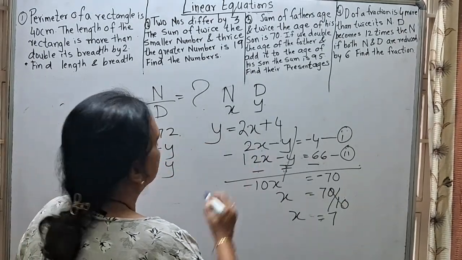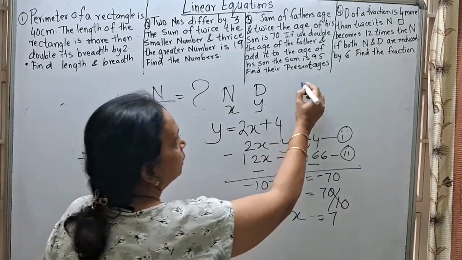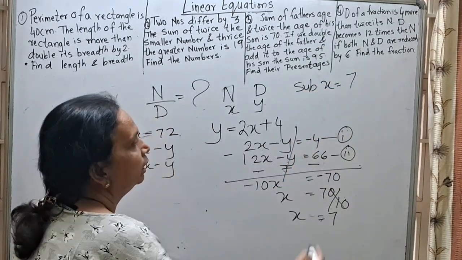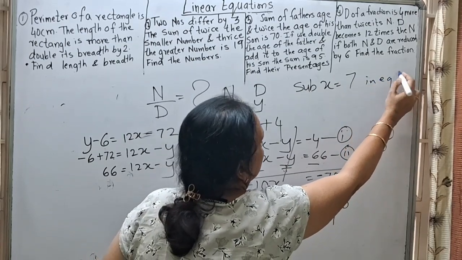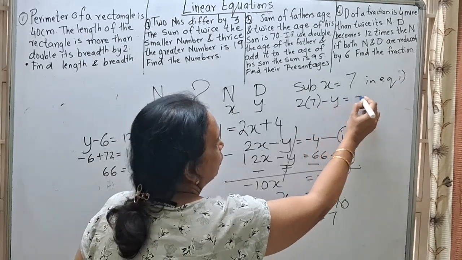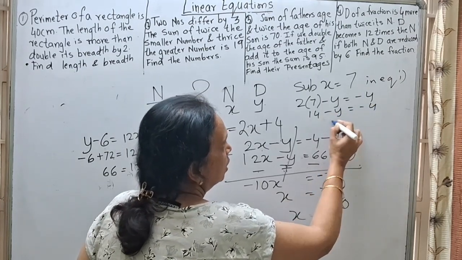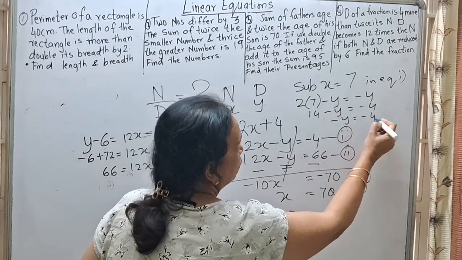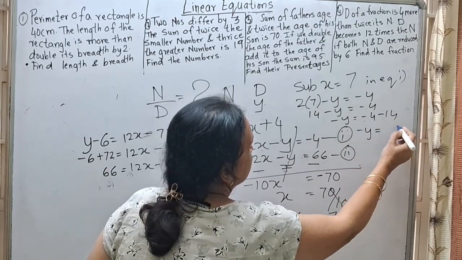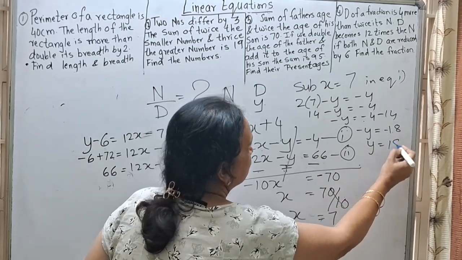So substituting x is equal to 7 in equation 1, I'll substitute here 2 into bracket 7 minus y is equal to minus 4. 7 2s are 14, minus y is equal to minus 4. Minus y is equal to minus 14, minus 4 is minus 18. Minus minus will get cancelled, y is equal to 18.